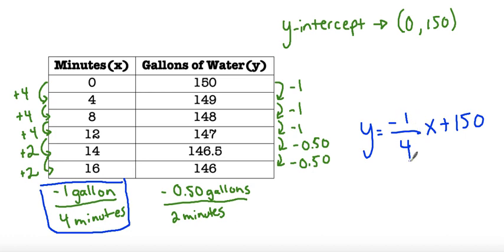So our slope here, -1/4, represents that we're losing a gallon every 4 minutes, and the 150 represents the number of gallons we start off with. So here, by substituting x for any number of minutes, we'll know how many gallons of water we have after x minutes. Or if we wanted to know how much time has passed, we would just substitute the gallons of water that we have.